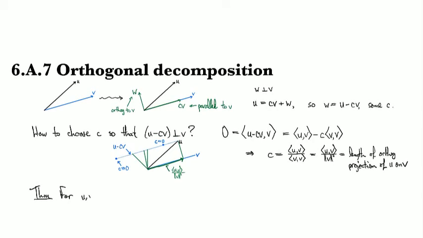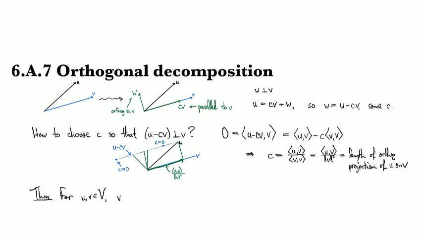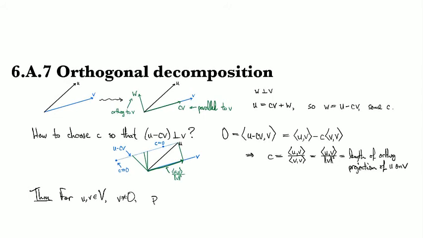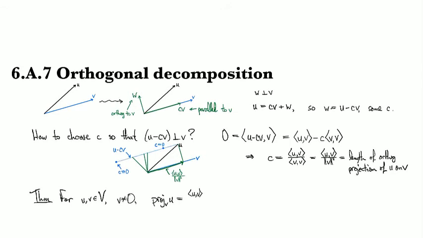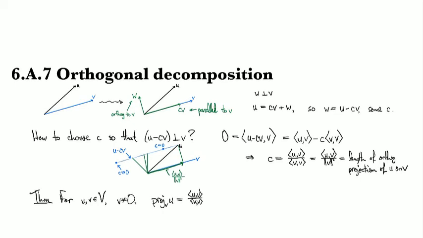We have just actually proved a theorem. For u, v in an inner product space V, where v is a non-zero vector, the projection of u onto v is going to be the inner product uv over vv, times v.